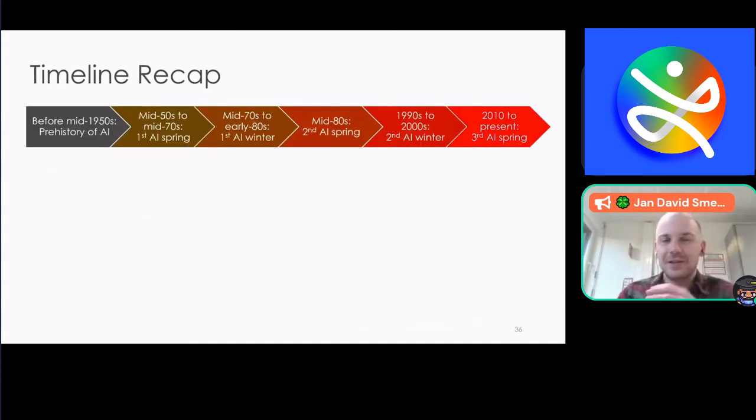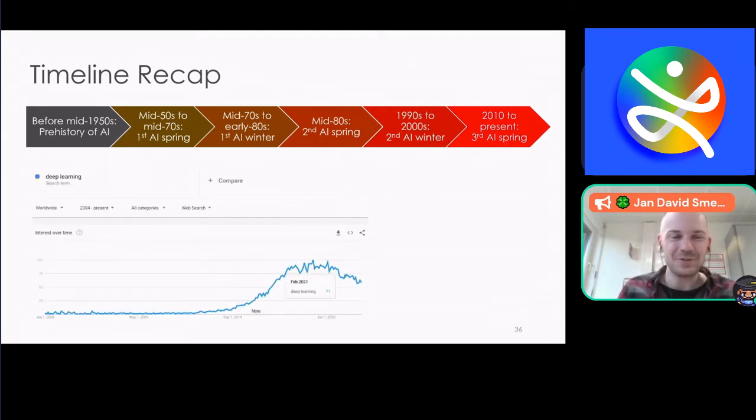To recapitulate the timeline, there's this history of AI springs and winters, and we have now seen a quite long spring. It's actually a valid question to ask where we're headed. If you look at some Google Trends, I'm not sure if I'm looking for the right replacement terms of things that are now more relevant, but you can actually do this with deep learning, machine learning, AI, some other aspects.